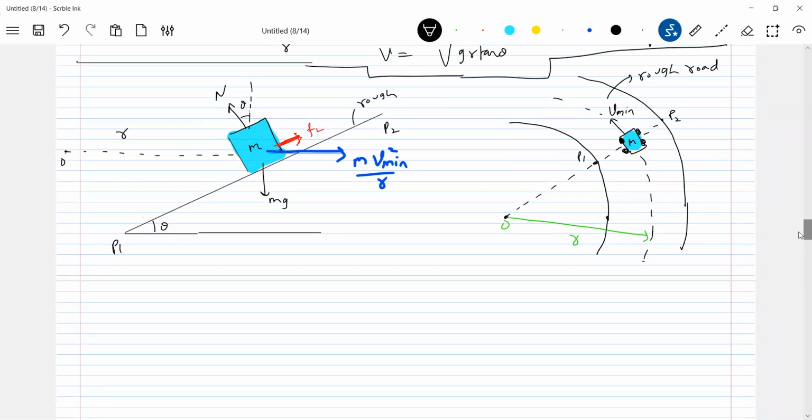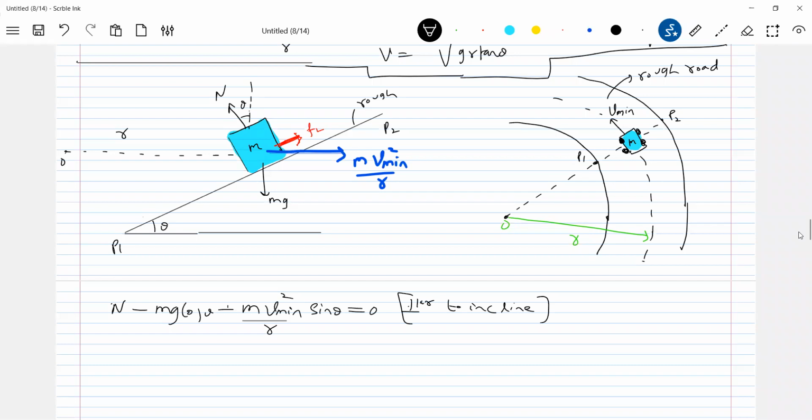So let's start like this. Along the perpendicular, first the normal contact will be N minus mg cos theta minus m v minimum square by r sin theta. Can you remember this? We have done so many problems now, just resolving m v minimum square by r. This is along the perpendicular to the incline, so that will be easy for you.